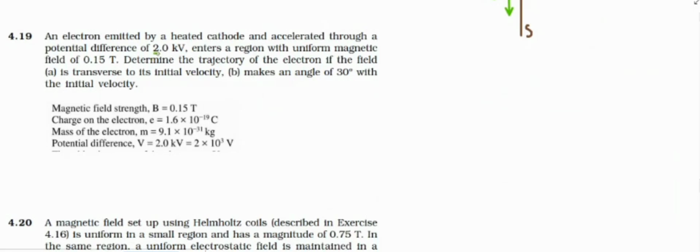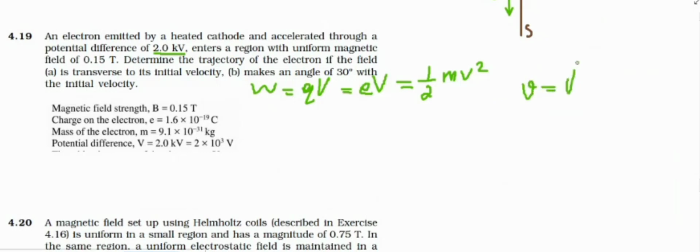Now, when 2 kilovolt potential is applied, work done is equal to QV, which is eV, and this work is converted into kinetic energy, half m v square. From that formula, you can find the value of velocity. V is equal to under root 2eV upon m. You will get the velocity of the electron.